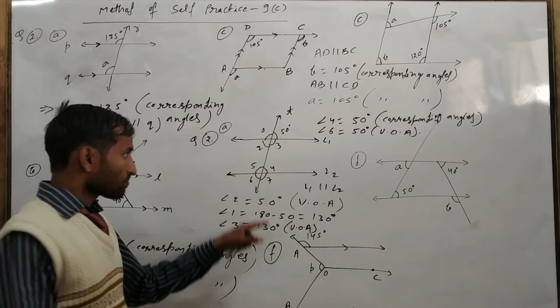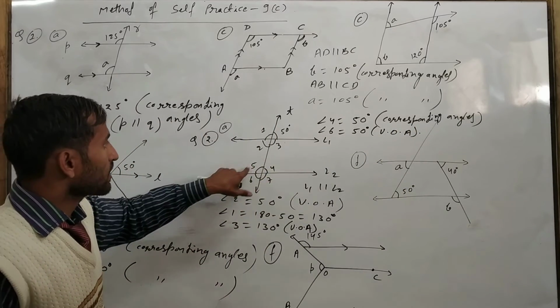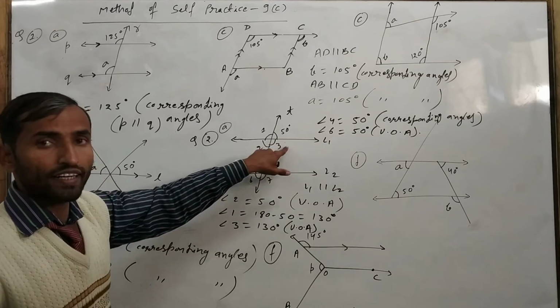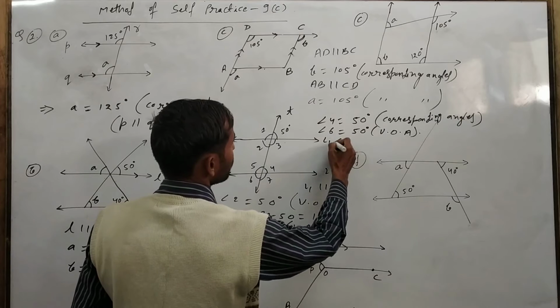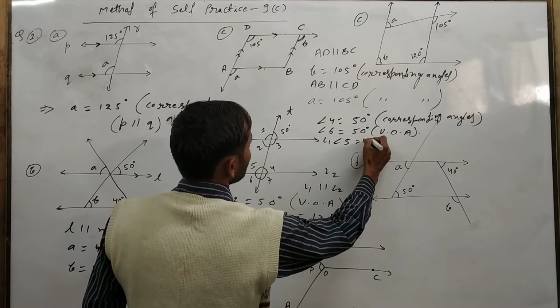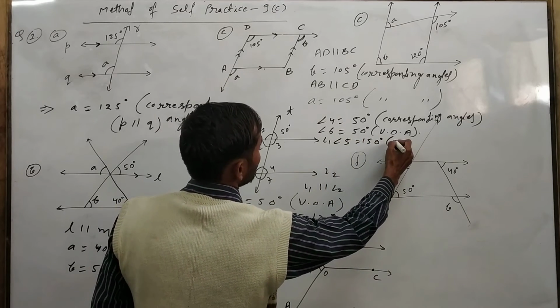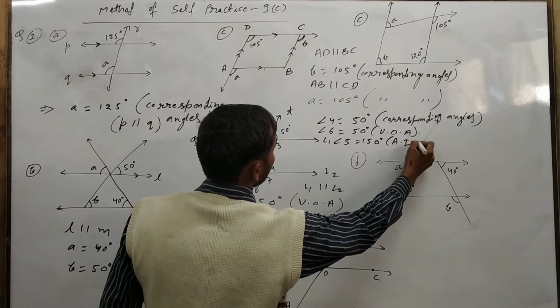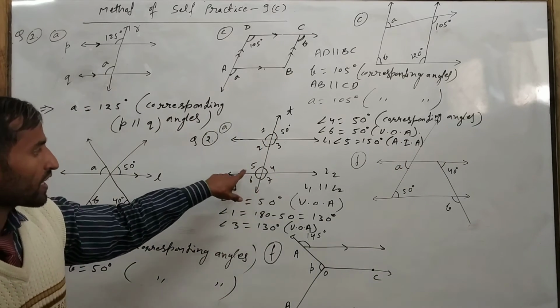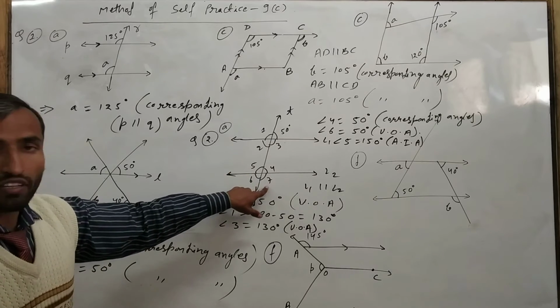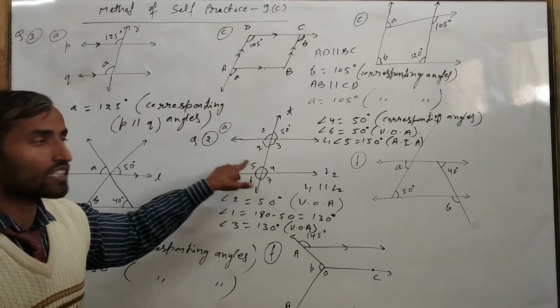Okay. Next one. Alternate interior angles 3 and 5 will be equal. So 3 is 130 degrees, so angle 5 is also equal to 130 degrees. If you want, you can write the reason here: alternate interior angle, AIA. Now we have to find angle 7. So 5 and 7 are vertically opposite angles.